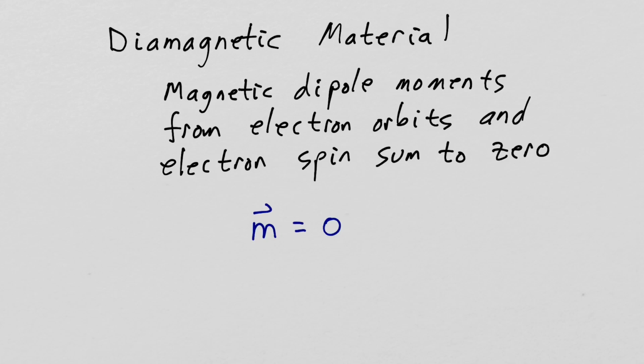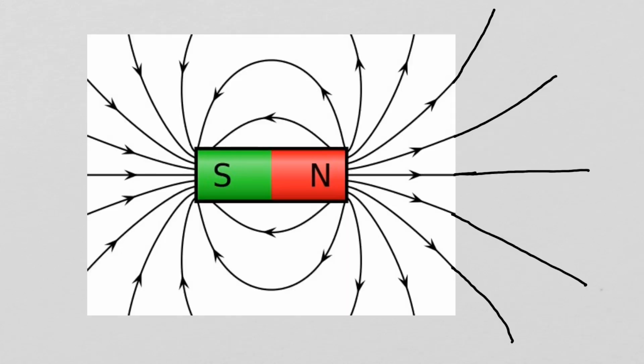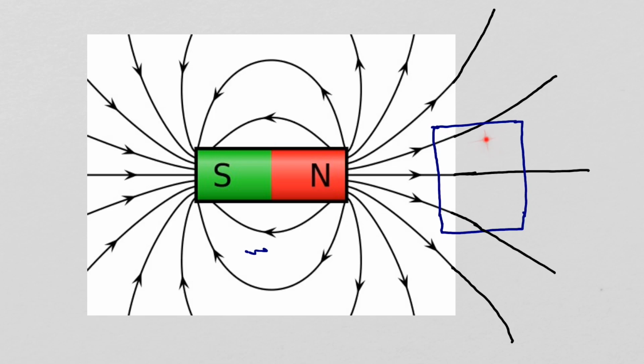So let's place a diamagnetic material in this magnetic field in this region right here. So we know that the magnetic flux density field inside the diamagnetic material here will be slightly less than it was in this region before we put the material here. So internal to the material will have to be a magnetic flux density field pointing in the opposite direction of the applied field.